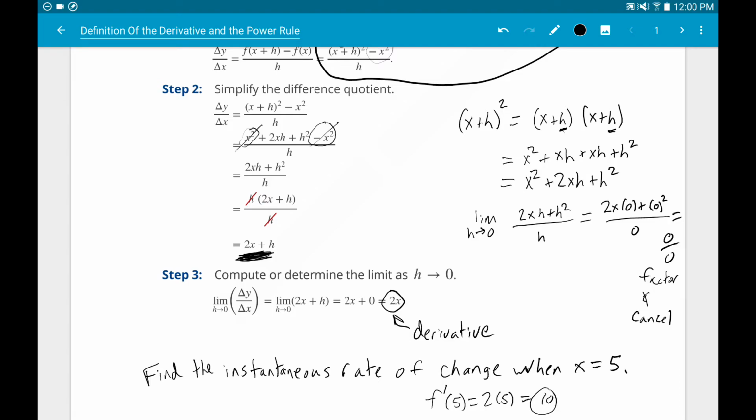So the difference between derivatives and actual instantaneous rate of change is this: the derivative is still a function. Instantaneous rate of change is going to be an actual numeric value. So they'll supply you some x value, whatever x value they ask about, and you basically plug it into the derivative to get the instantaneous rate of change.